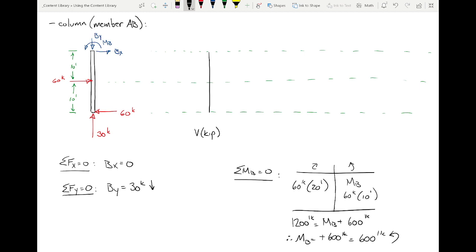Now the tick marks are going to matter, okay? I'm going to draw my tick marks going upwards, okay? And what I mean by that is I'm going to start at the bottom and work my way up. That's actually going to affect what the shear diagram looks like. It doesn't mean that the shear diagram is right or wrong if you do it the other way. It just affects what it looks like, and I'll explain what I mean.